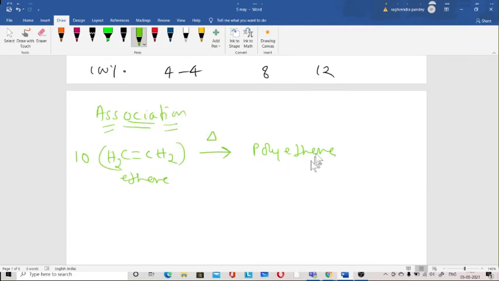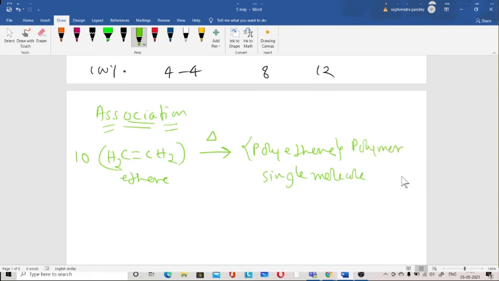The molecules associate, combining with each other to form another molecule which is a single entity. This polyethene is a single molecule, and it is a polymer.